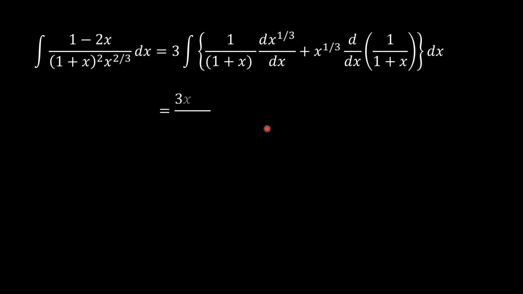So I could quickly deduce that the integral of this is the same as 3 times x to the power 1 over 3 over 1 plus x. And then obviously we've forgotten our big constant because this is our indefinite integral. And this is our answer.